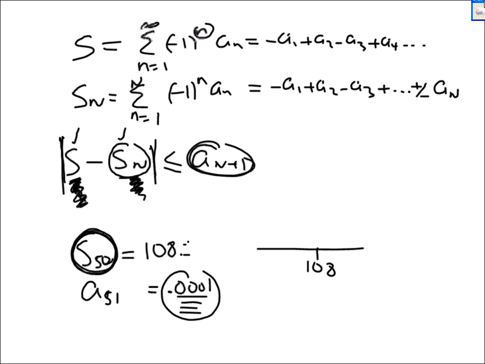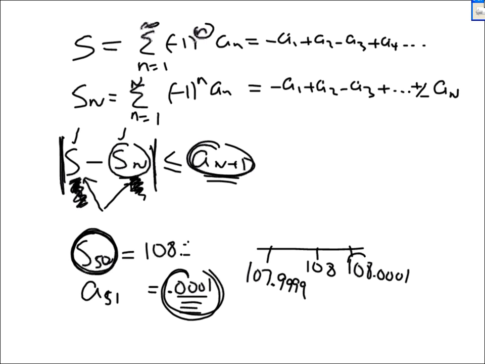And the distance, absolute value means distance, between the real sum and 108 is smaller than 0.0001. That is, I can guarantee you that the real actual sum is between 107.9999 and 108.0001.